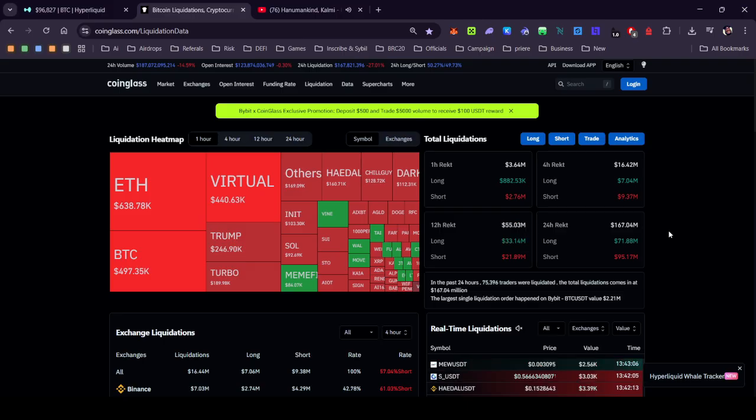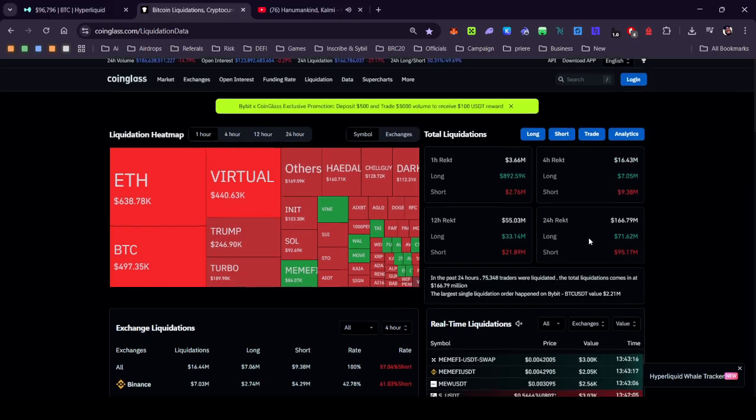For the last 4 hours, shorts are still being liquidated with 9 million compared to longs at 7 million. In the past hour since the manipulation occurred, shorts are taking the L again with 2 million liquidation and longs paying 800, showing a lot of traders are pushing the long.